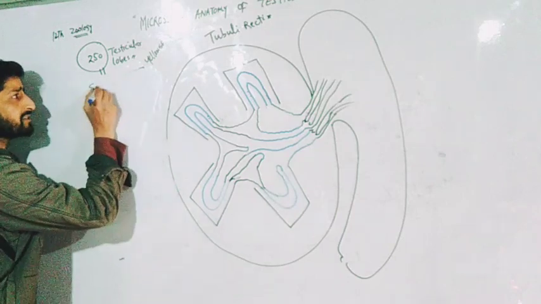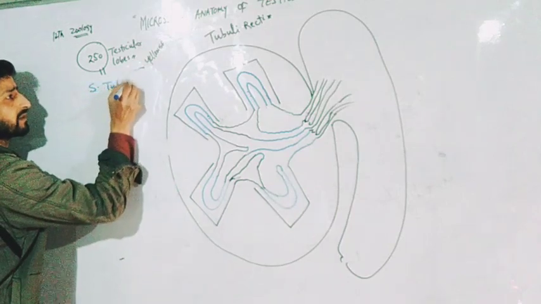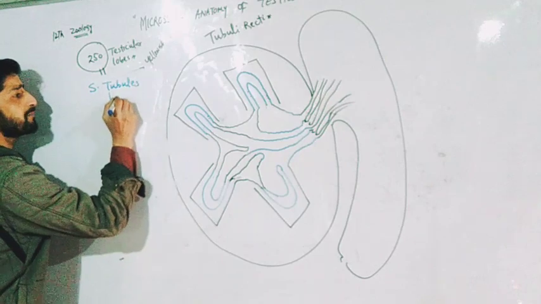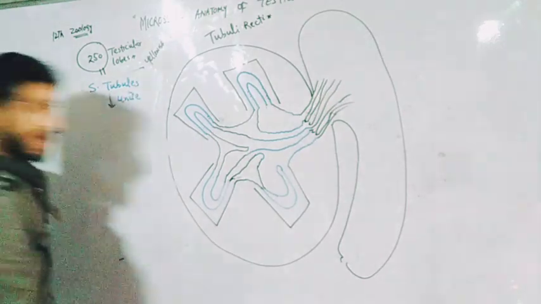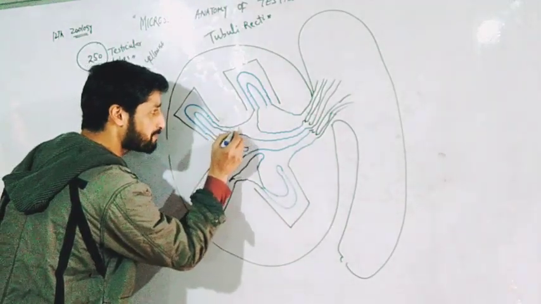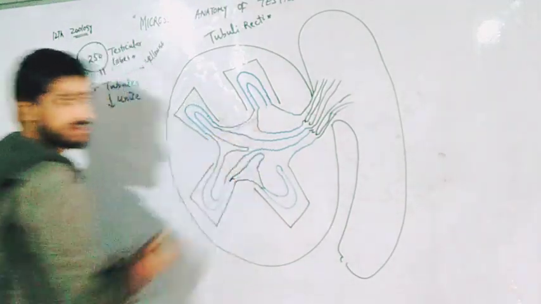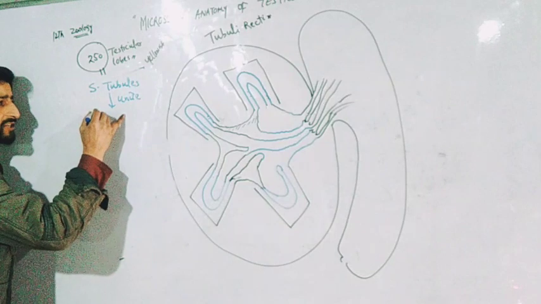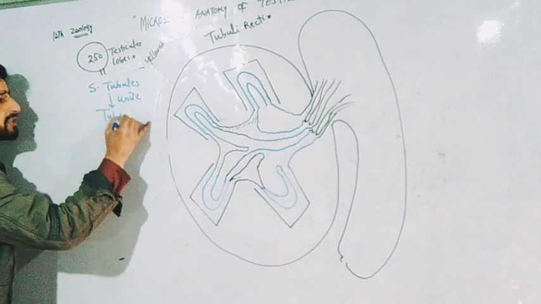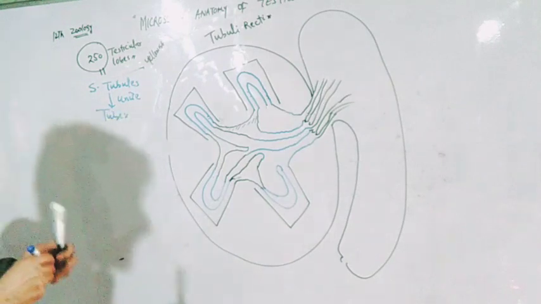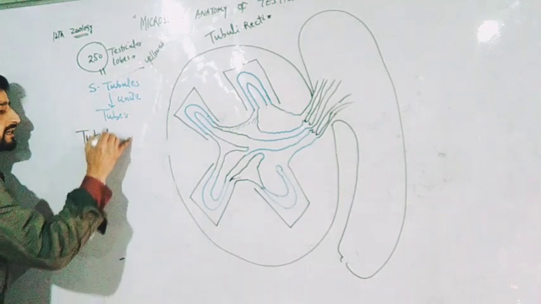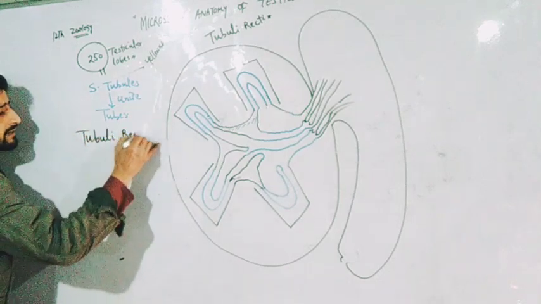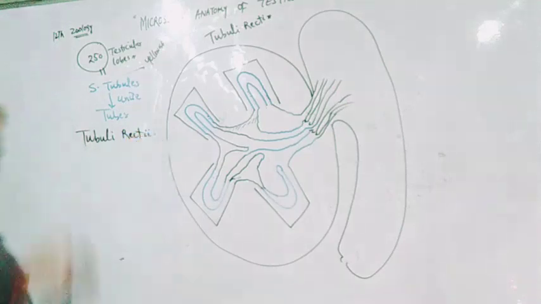Several seminiferous tubules fuse together or unite together and form larger tubes. This network of larger tubes is known as tubuli recti.